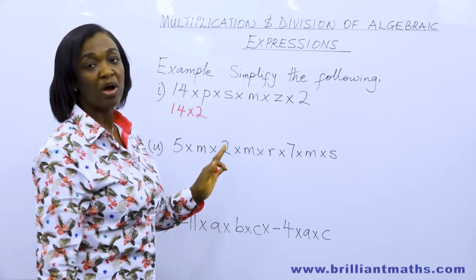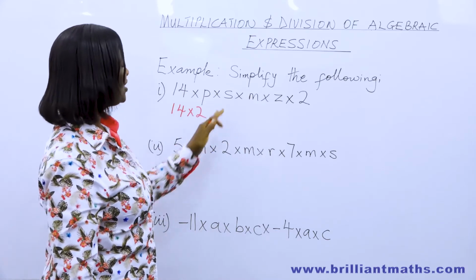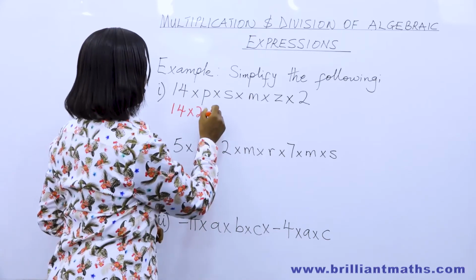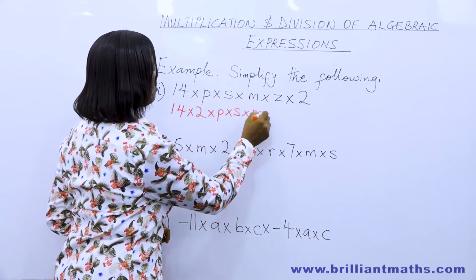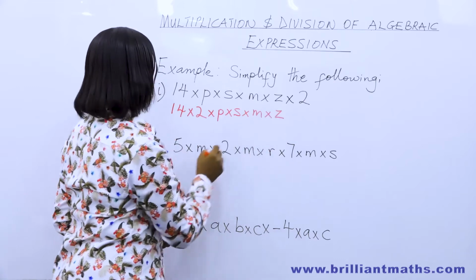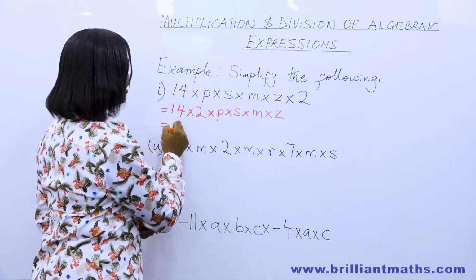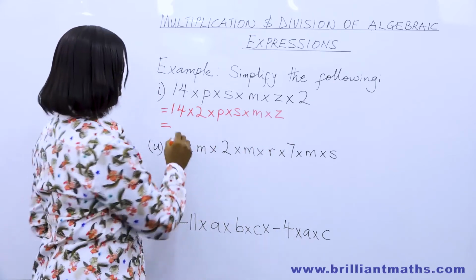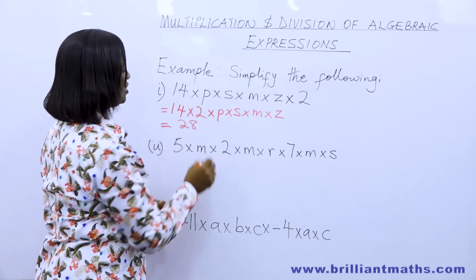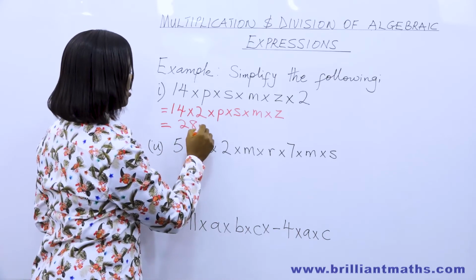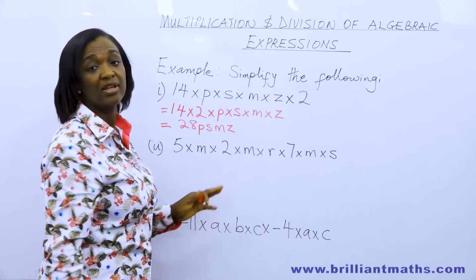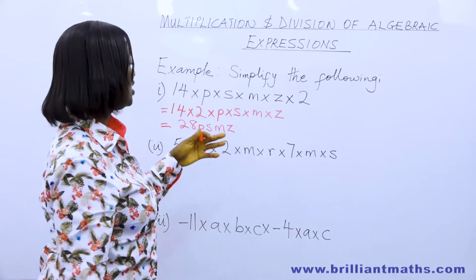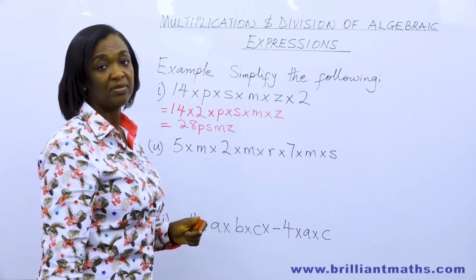All of them are to power 1, so we'll write them the way they are. Times p times s times m times z. So the final answer is 14 times 2 is 28, p, s, m, z. The order of the letters does not matter.